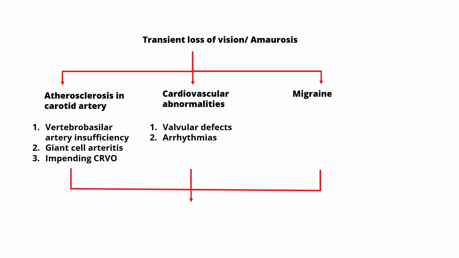So in all these three conditions, there is vascular insufficiency resulting in retinal ischemia and thus resulting in loss of vision, which improves once the retinal ischemia is reversed and the vision improves back.